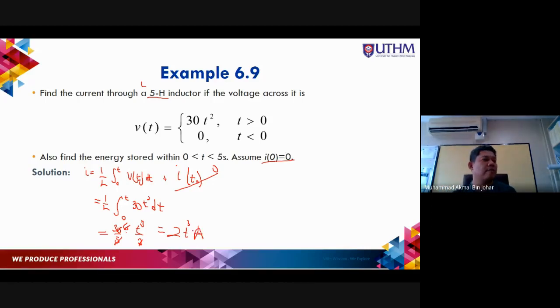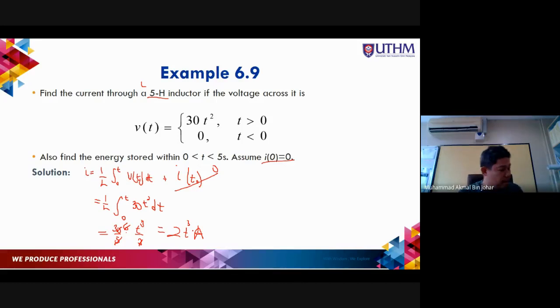So that's the equation, the value is 2t to the power of 3. So if the current is until t equal to 5, what is the current at t equal to 5? The current will be 2 times 5 to the power of 3, the value of the current at 5 seconds.